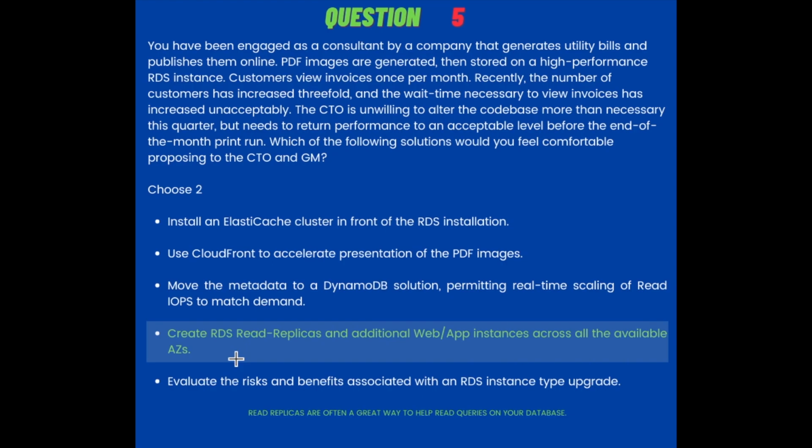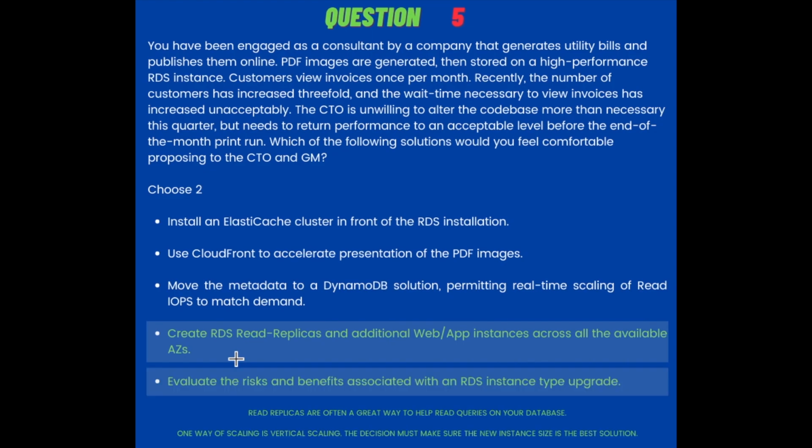So this is one of the correct answers, where you create RDS read replicas and additional web instances across all available zones, so that the customer's performance will be faster. And the fifth option looks good to me as well, because obviously you don't want to make any code change, and you want to make sure this can be implemented as soon as possible before the end of the month run.